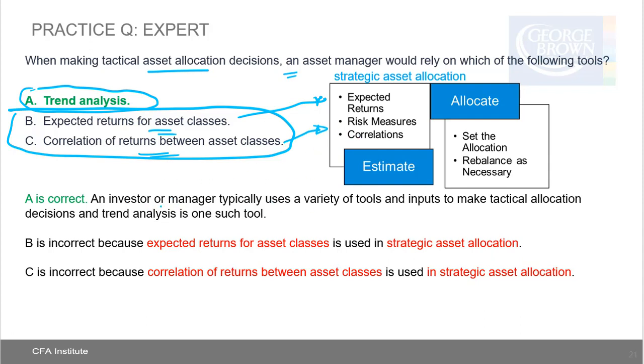An investor or manager typically uses a variety of tools and inputs to make tactical decisions, and trend analysis is one such tool. You have to know what some of the other tools are, okay? And expected returns for asset classes, strategic asset allocation. Correlation of returns between asset classes, again, used in the strategic asset allocation.